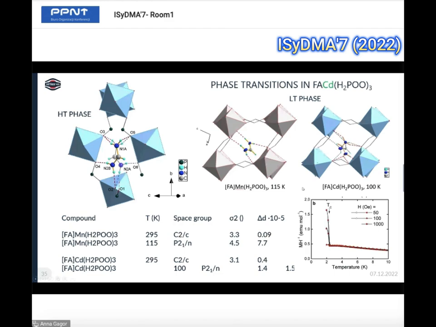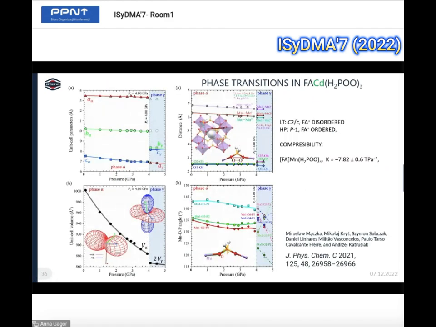So I'd like to finish with the last slide, which shows the results obtained in the group of Professor Katrusiak. They investigated the pressure changes of these materials, and this formamidinium cadmium hypophosphite.